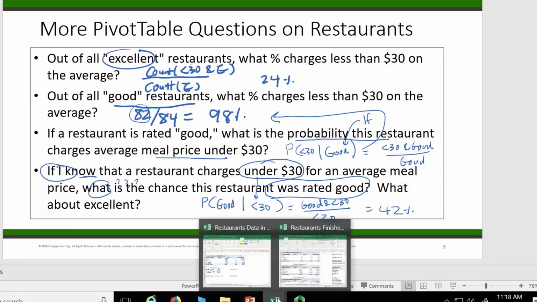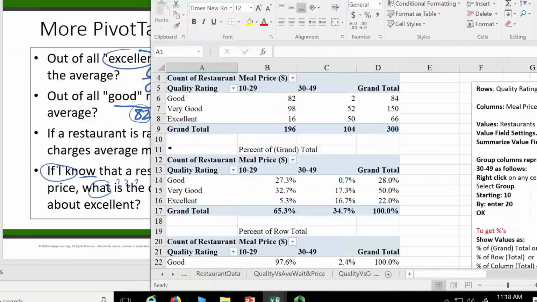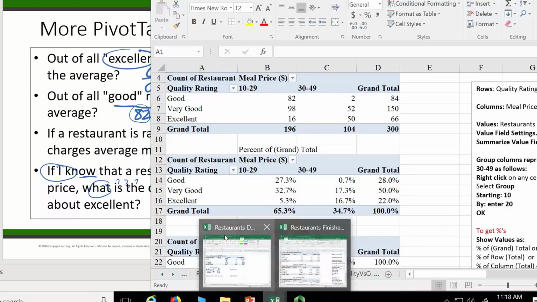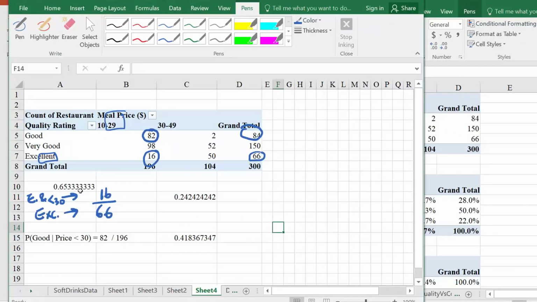But I want to show you there are different ways you could divide, and actually I don't have to do the dividing myself like this, because I could get PivotTable to give all kinds of conditional or joint probabilities. If I take each number and divide it by the grand total, I get joint probabilities.